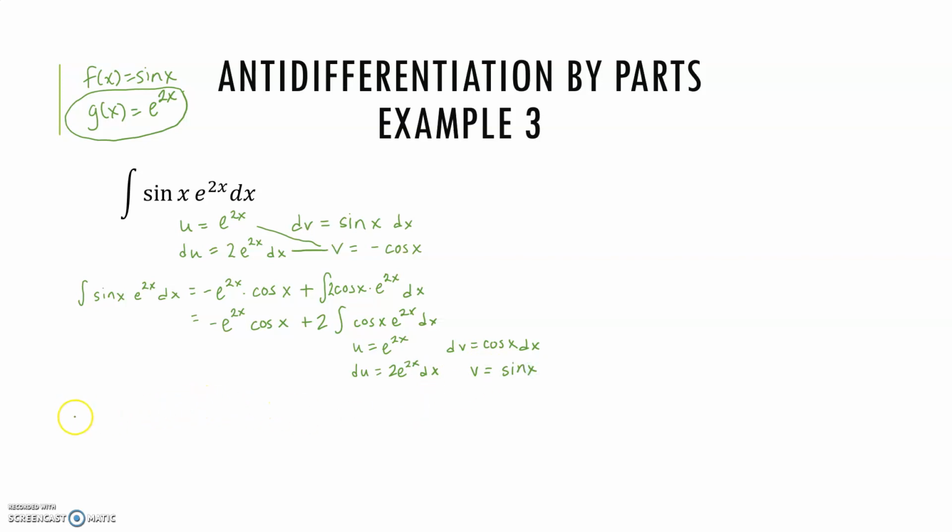And so I have the integral of sine of x e to the 2x dx is equal to negative e to the 2x cosine x plus 2 times u times v minus the integral of v du.